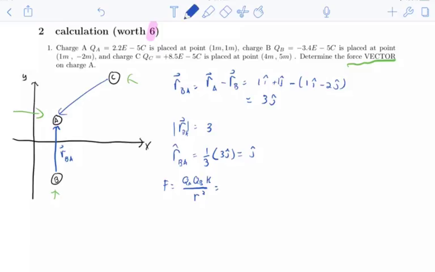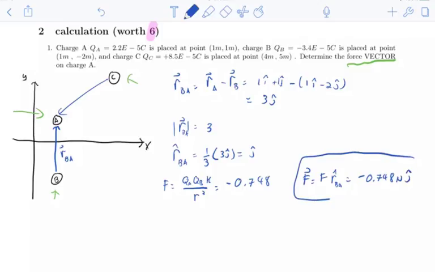And square it. And you get minus 0.748. And so the force vector is going to be that force times R hat BA. So it's going to be minus 0.748 newtons j hat. That's part of the answer. Let's do it for the next part.